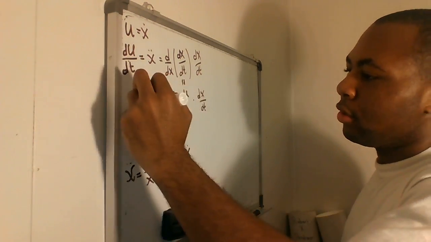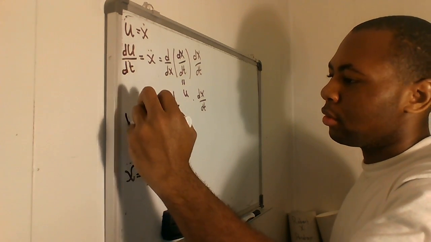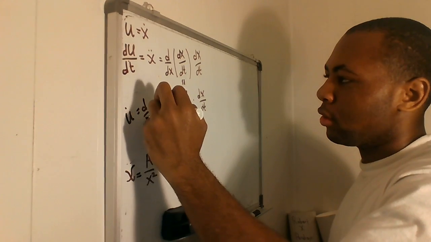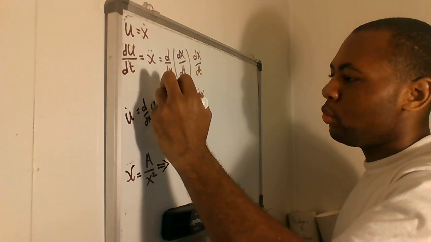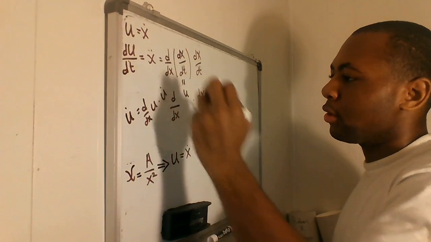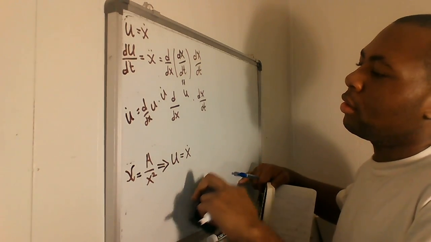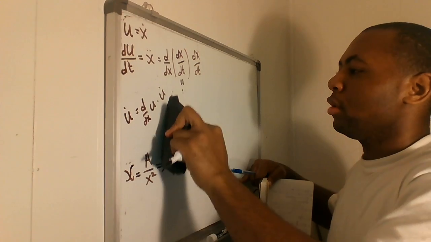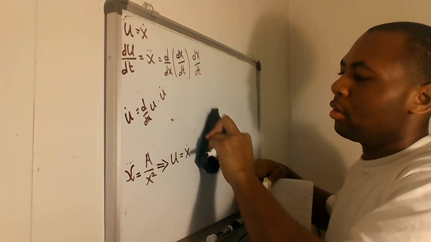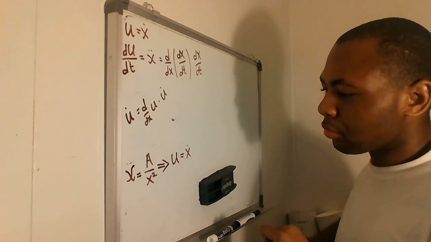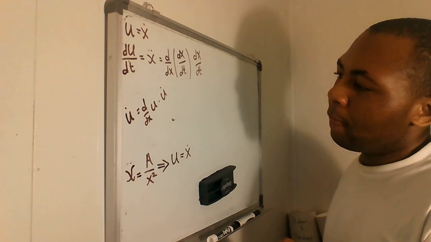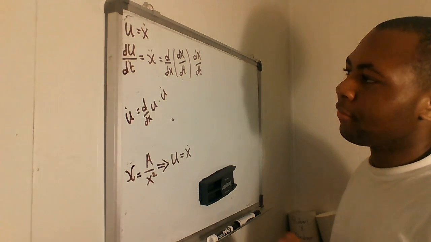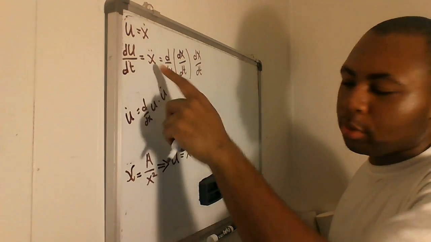So I have u dot equal to d/dx of u times x dot. And let's not forget, u dot is x double dot.